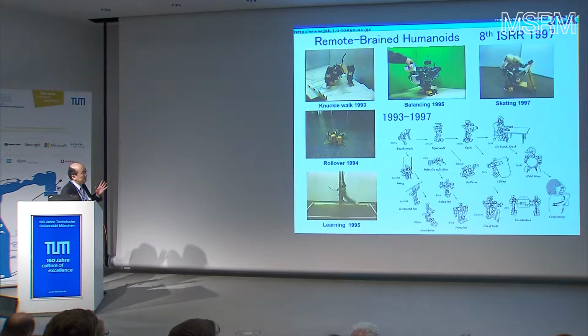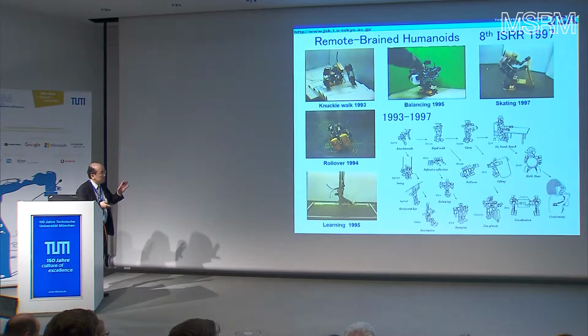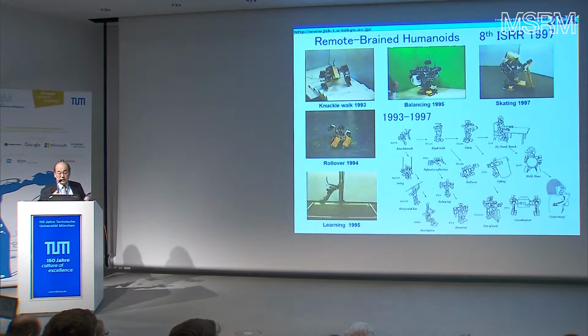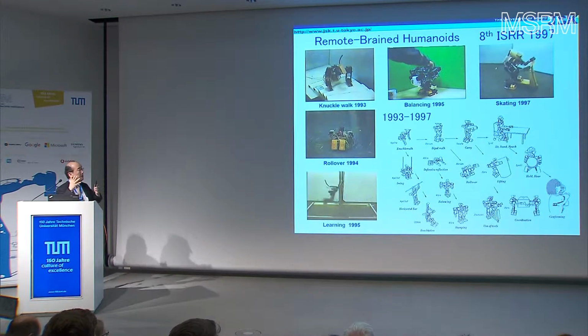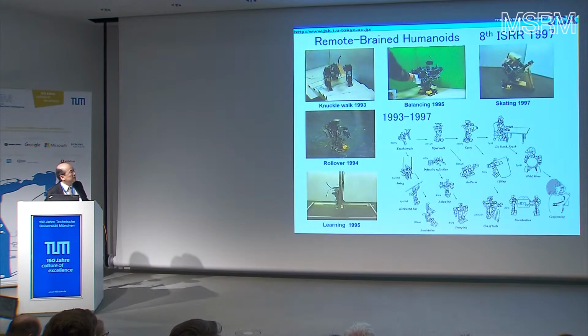We can build bodies with many different degrees of freedom. Students build these robots in 2 or 3 weeks, then they can share the software on the remote brain site, and they can learn many things.